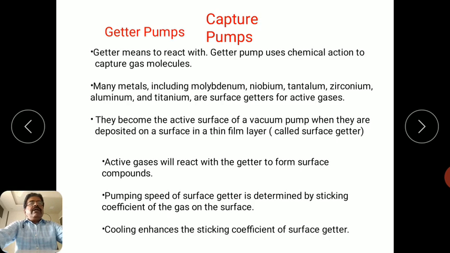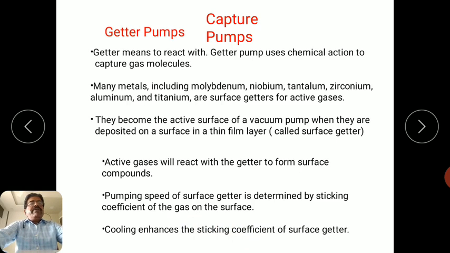One of the properties of the getter mechanism is that if you cool the surface getter, that will enhance the sticking coefficient of the surface getter.